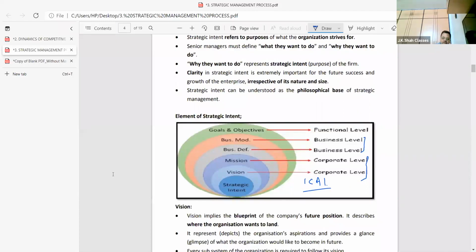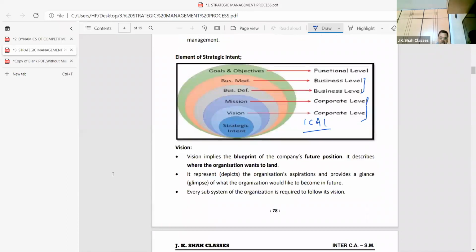Intent, vision, mission, business model, goals. I'll read this. Vision implies the blueprint of the company's future position. It describes where the organization wants to land. I'd given one example in the first lecture, if you remember. Sun Pharma would say, we want to become number one pharmaceutical company of our country.